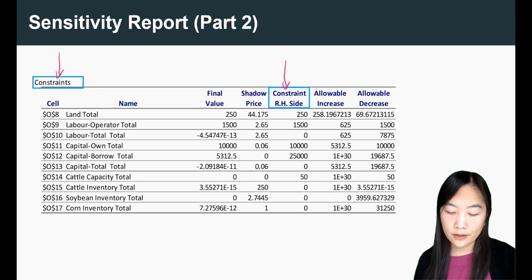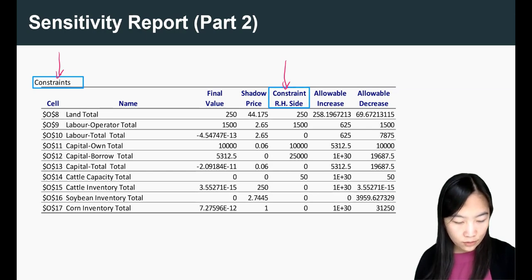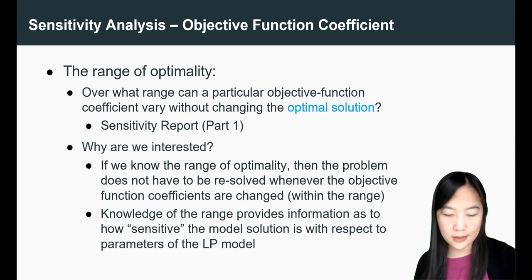So that's why I used the RHS previously, to make sure that when you get the sensitivity report from Excel, it is consistent with the notations that we have been using. So let's move on with the sensitivity analysis.